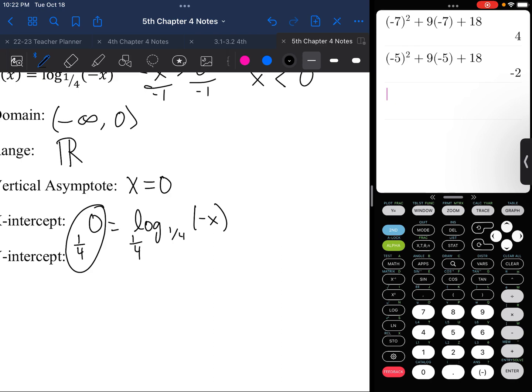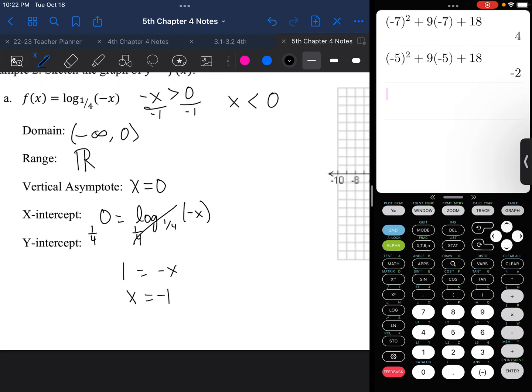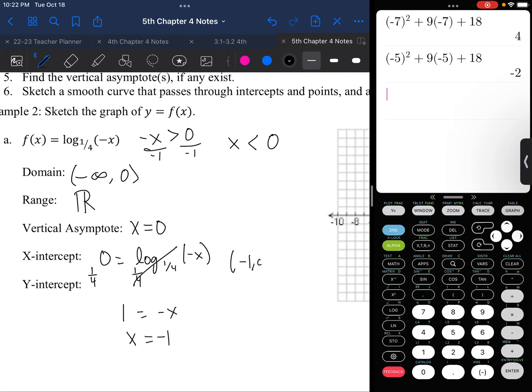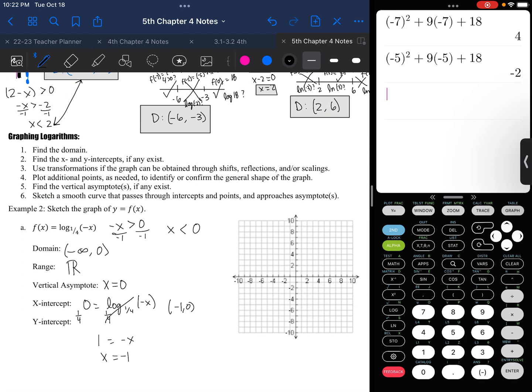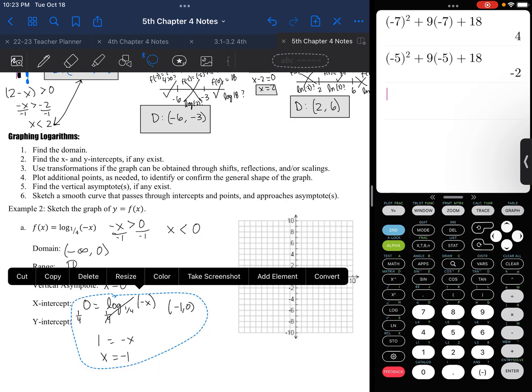So anything to a 0 power is 1. This part's going to cancel, and we're going to get negative x. So that tells us that our x-intercept is at x equals negative 1, 0. Okay. I'll go ahead and put this in a color for you guys.